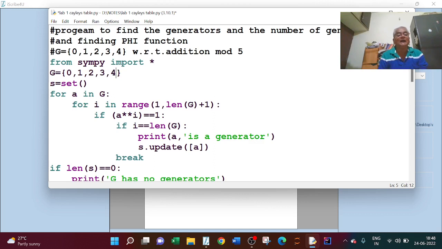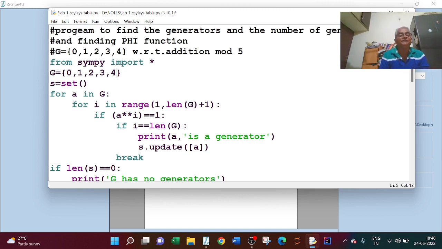Here in multiplication, a square means a into a, a cube means a into a into a. But with respect to addition, a square means a plus a, a cube means a plus a plus a. If it is addition mod 5, then a square means a plus a, that is 2a mod 5. A cube means a plus a plus a, 3a mod 5.